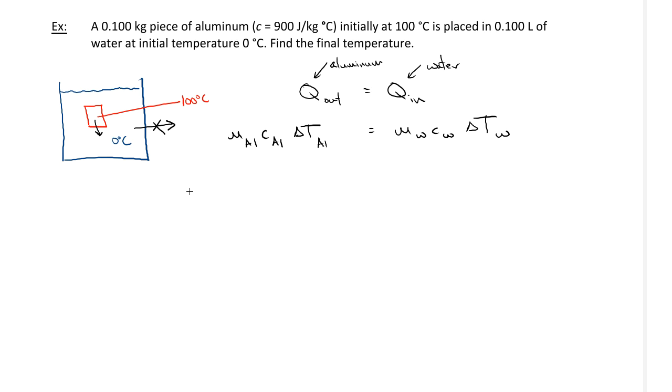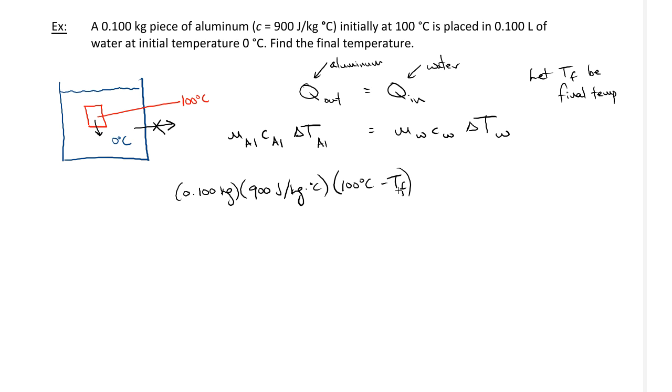So subbing in, I get the mass of the aluminum, which is 0.1 kilograms, multiplied by its specific heat capacity. And I'm going to set this up so that it is 100 degrees Celsius minus the final temperature. I'm going to let T_F be the final temperature. And so I'm setting it up on the left side so that this expression will be positive.